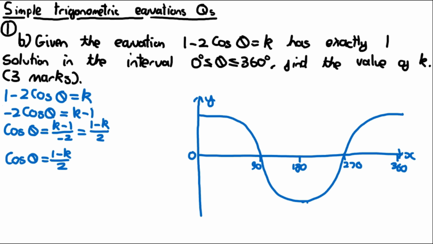It is down with a line like this, where it touches like a tangent, it touches this line once here, and this is at -1, because there is only one value between 0 and 360 where this is equal to one solution, and this is where it's -1.